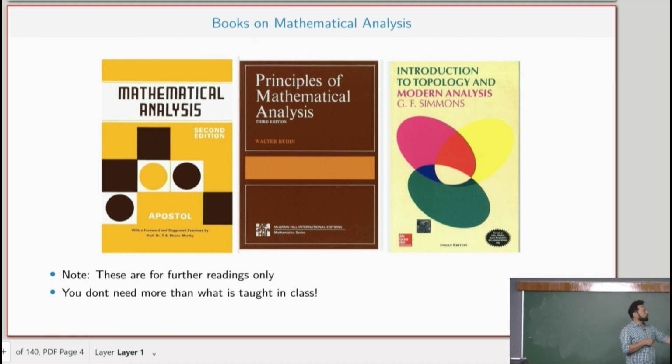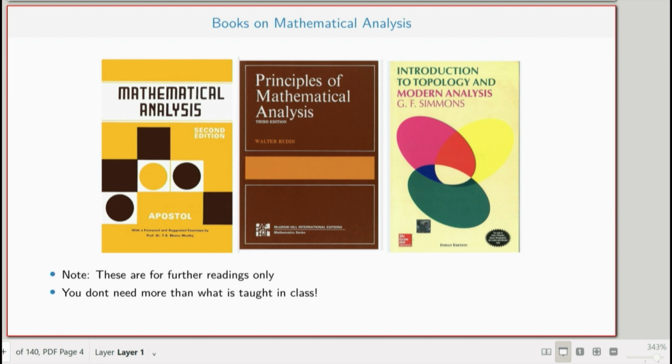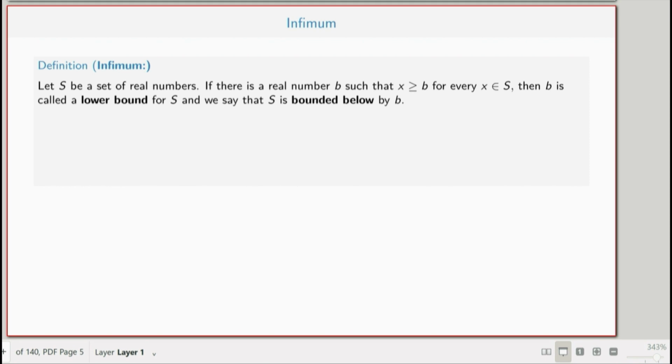If you become a very serious researcher, then you may have to refer to these books again and again. Very rarely you will need these books in the class. So just for completeness, I'm putting things on record, for those who will be serious researchers in this area. For you, it's okay to just know what is taught in the class, or in the slides. So no need to worry.